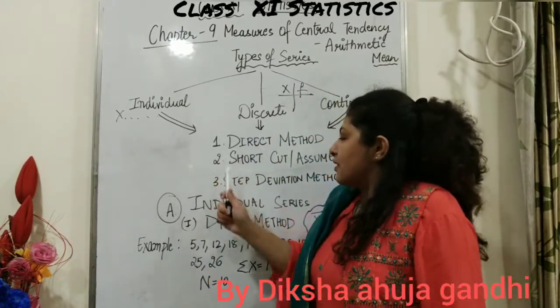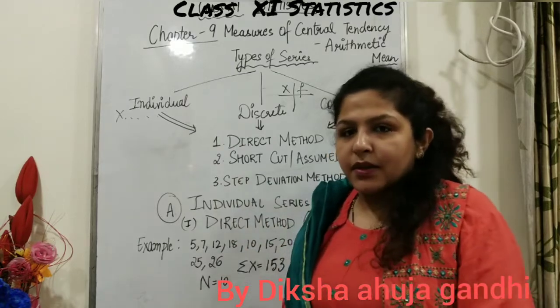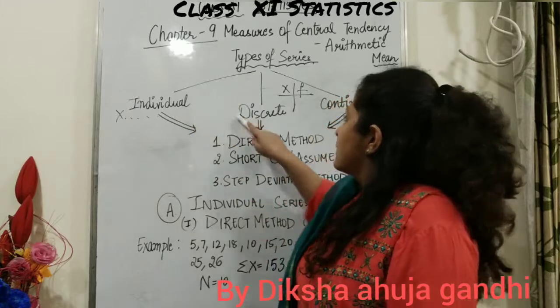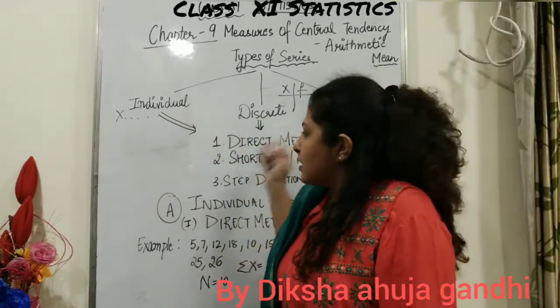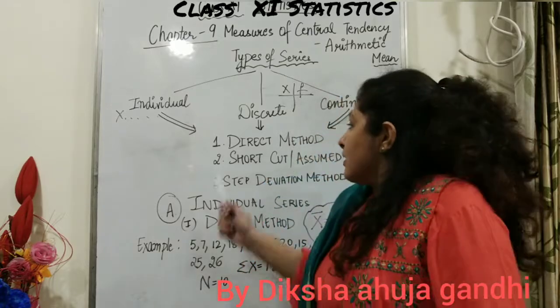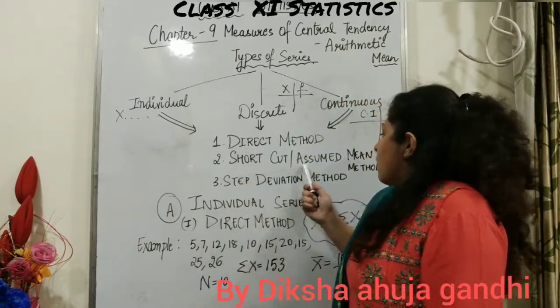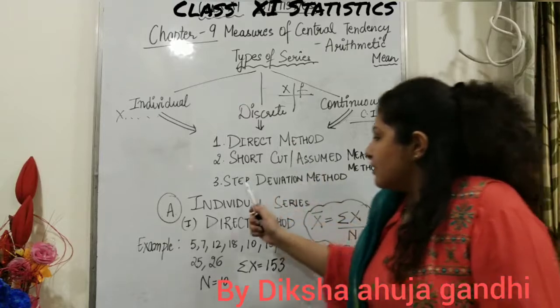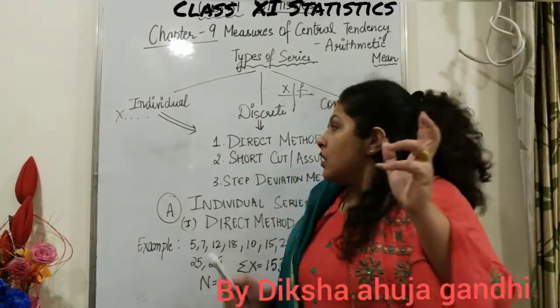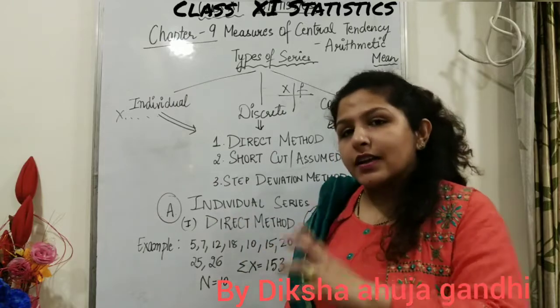Now, there are 3 methods to calculate mean in all 3 series, whether individual, discrete or continuous: the direct method, the shortcut method, also known as the assumed mean method, and third, the step deviation method. So we're going to do all 3 methods for all 3 series.